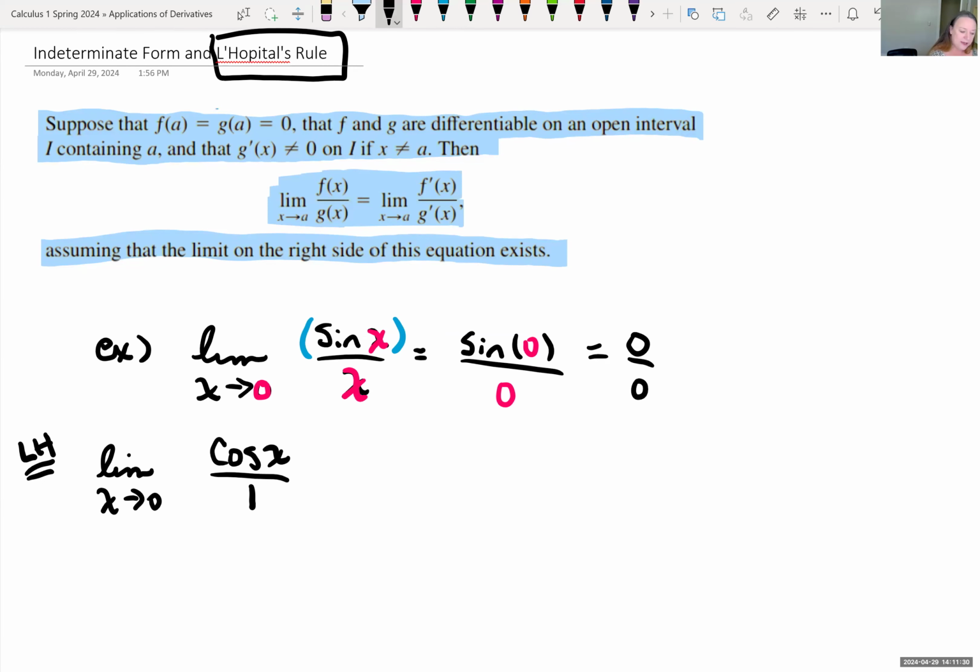Now if I do direct substitution, we get cosine of 0 all over 1, and I know that cosine of 0 is 1. So we just showed that the limit as x approaches 0 of sine of x over x is 1 using L'Hopital's rule.